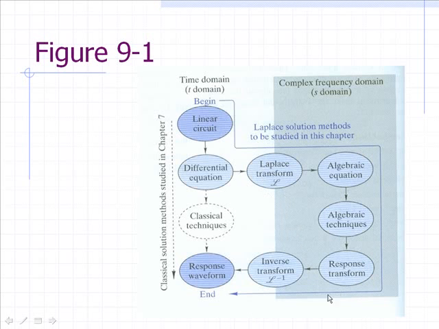Once you have the output description in the frequency domain, we go back to the time domain via the inverse Laplace transform. So you go from the time domain to the frequency domain and then back. You can go back and forth by using these linear operators called the Laplace transform and the inverse transform.